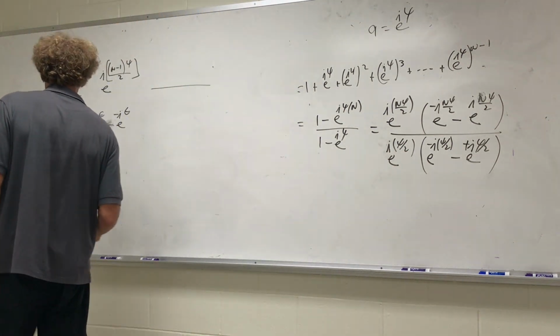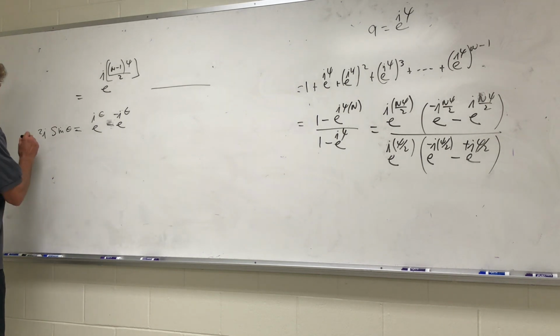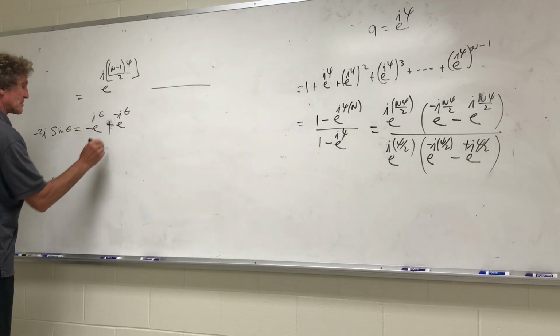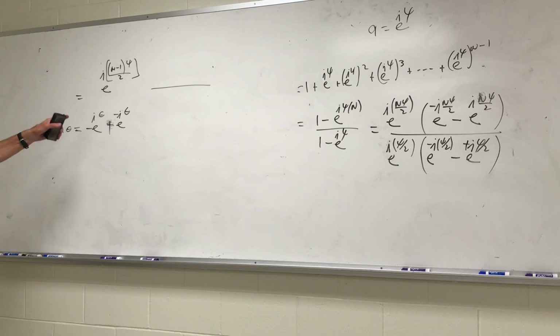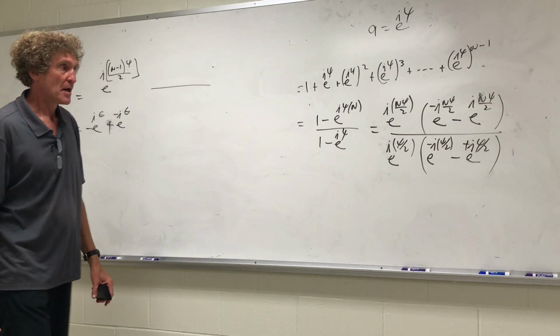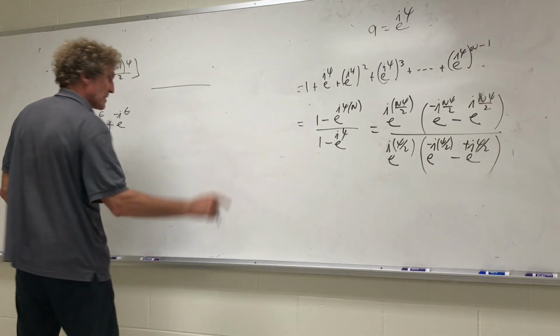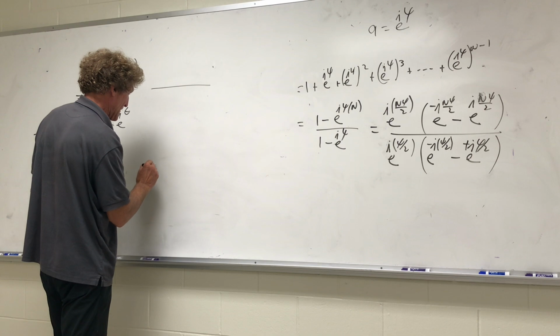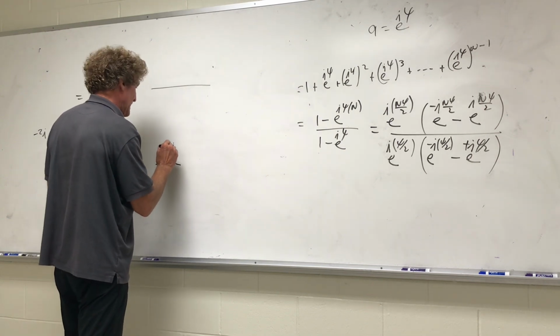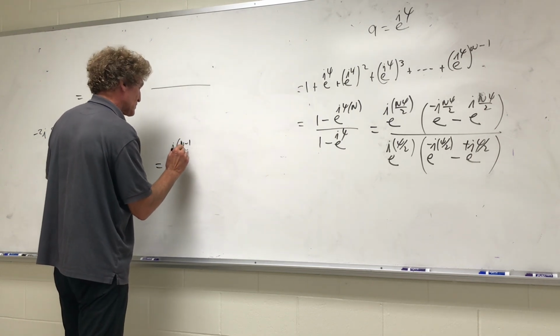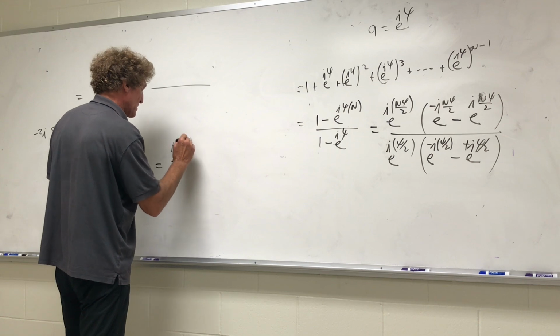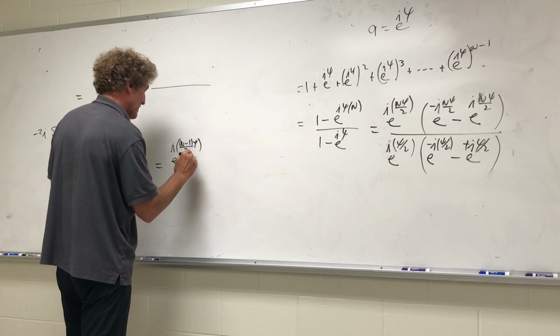So if I make that a minus, and that a plus, and replace theta with psi over 2, you can see that for that function right there, I get e to the j, n minus 1 over 2, times psi.